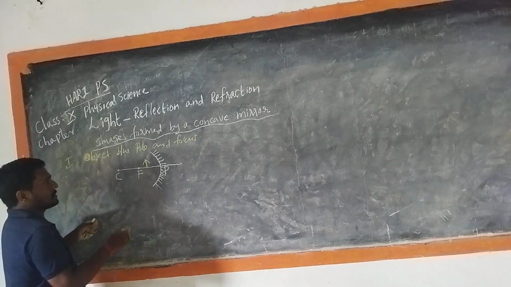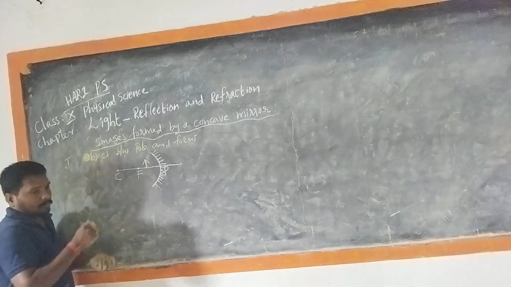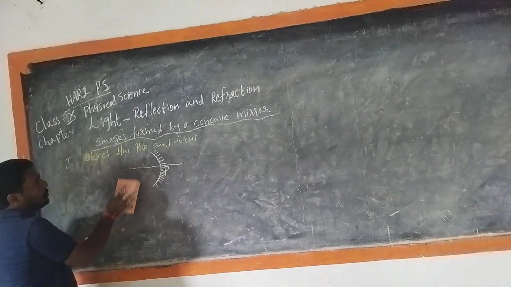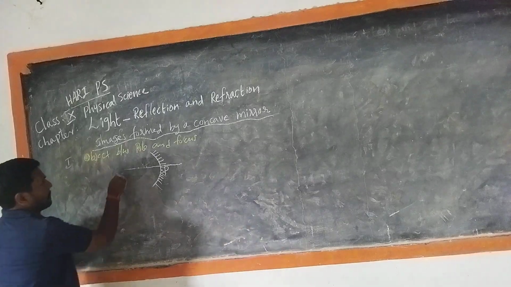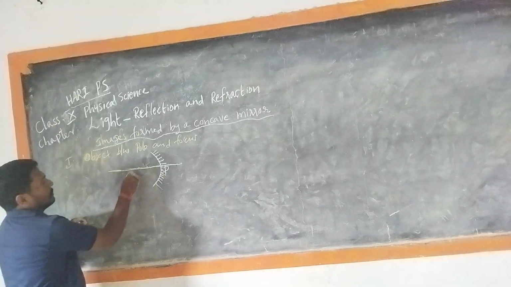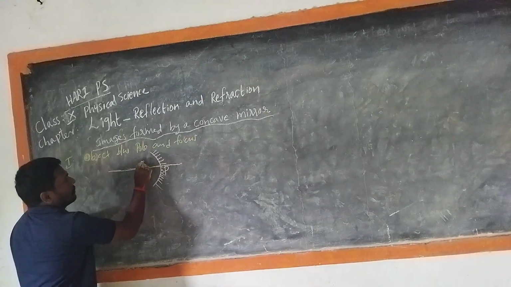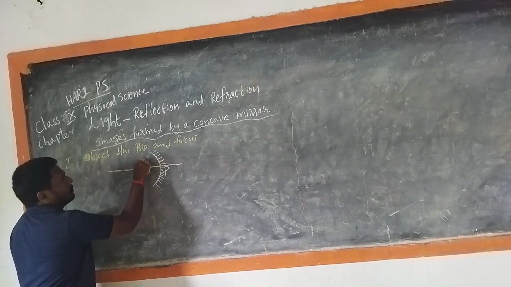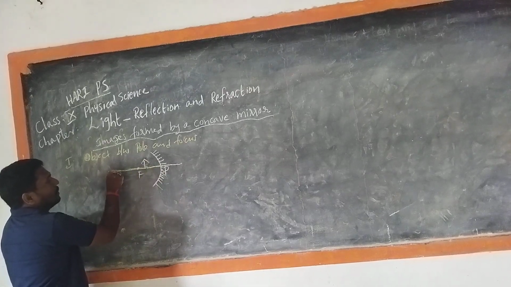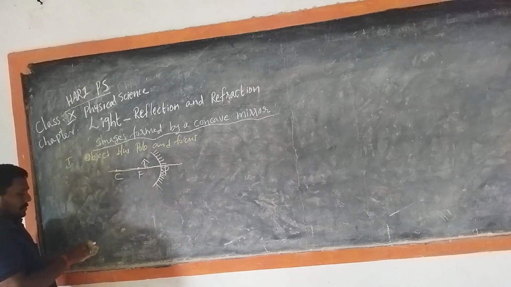Right? 2 light rays. Then we have to take some more distance, easy to understand. So this is the face of an object. This is the focus, pole, and the center of curvature. 2 light rays are required.